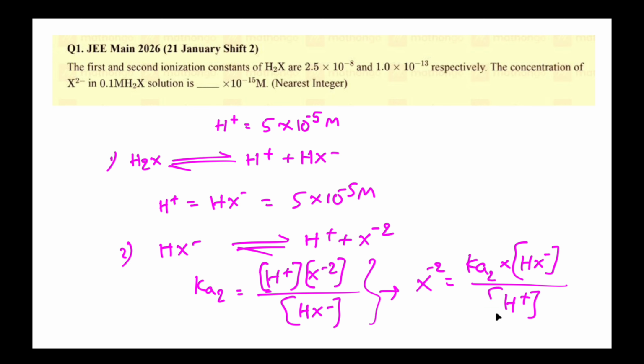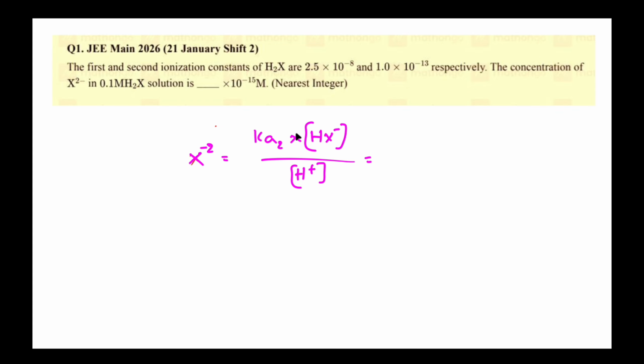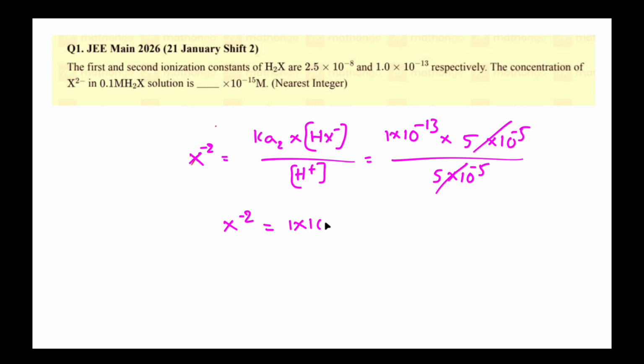Here we know the Ka2 value, and X2- is what we want to find out. HX- and H+ values we also know. So Ka2 is 1 × 10^-13, HX- is 5 × 10^-5, by H+ also 5 × 10^-5. So from that, X2- value is 1 × 10^-13 M.